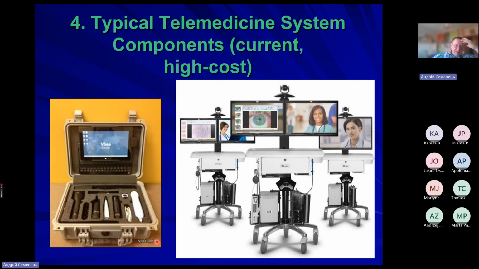But on the left side, we have devices which could really save lives, like portable telemedical diagnostic equipment, which could be used in emergency cases in areas which suffer from, for example, natural disasters, technical disasters, or could be used at the front line and so on.